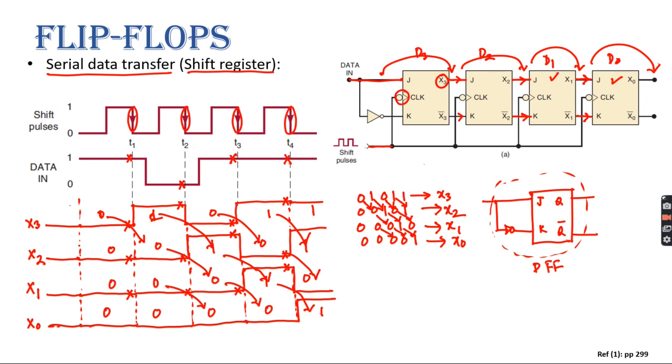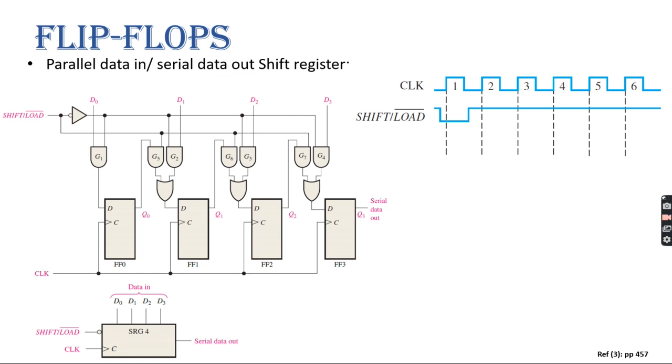No, sir. Okay. So now what we are doing here is called parallel data in, serial data out, shift register. Parallel data means whatever data you give here will be shifted from left to right.